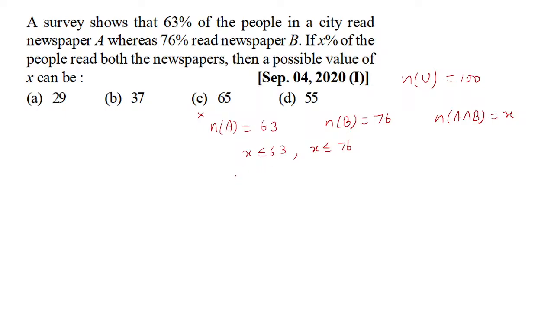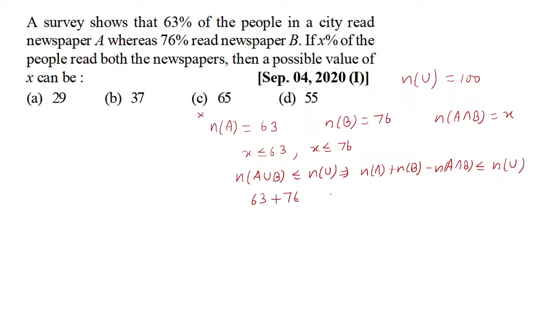Yeah. Apart from that, this would also hold, just as we have used in the last question. So, n(A) plus n(B) minus n(A intersection B) is supposed to be less than equal to n(U). What is n(A)? 63. This is 76.